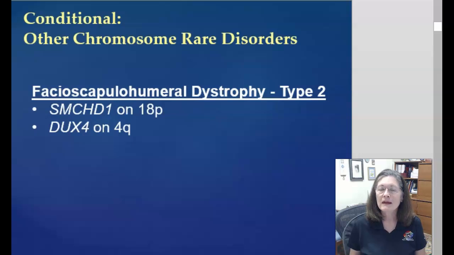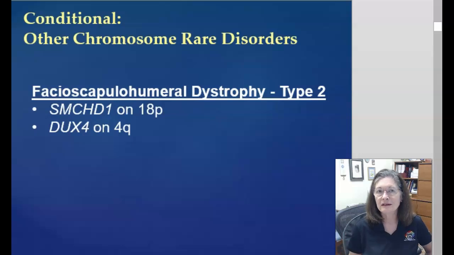Another example is disorders caused by more than one gene, when two genes have to be non-functional or have a mutation or a certain configuration. And an example of that is facioscapulohumeral dystrophy type 2, FSHD2, which I hope you've heard about before. We've talked about it before. We've had special investigations into this. And it turns out that that can result from a deletion of the SMCHD1 gene on 18p.